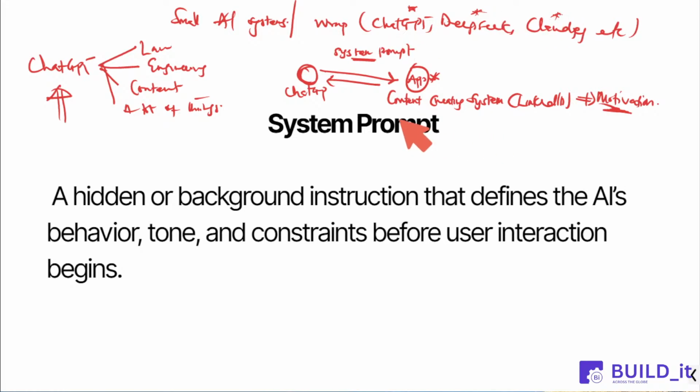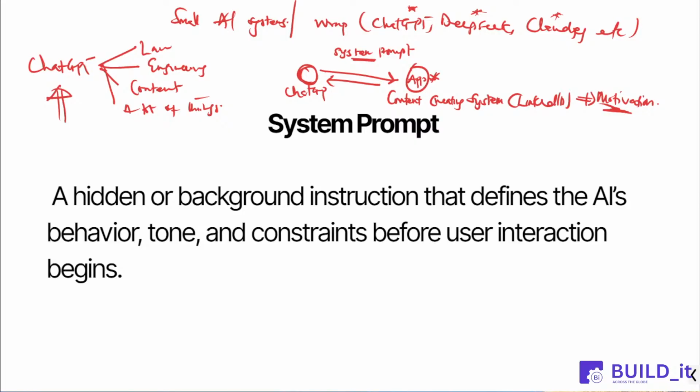Do you get it? So when we set the system prompt to, let's say, act as the best copywriter and LinkedIn content creator in the world, who posts high performing content about motivation, blah blah blah, the AI system will now act like that.